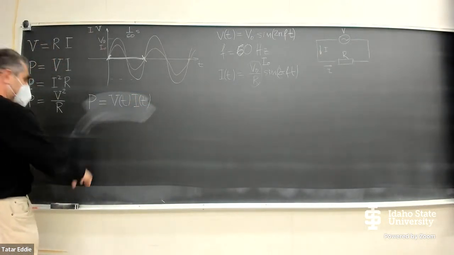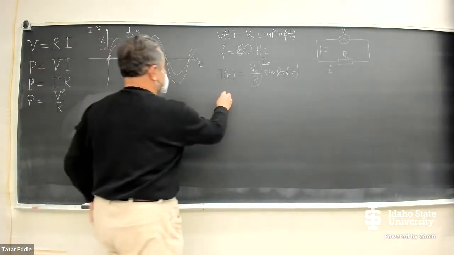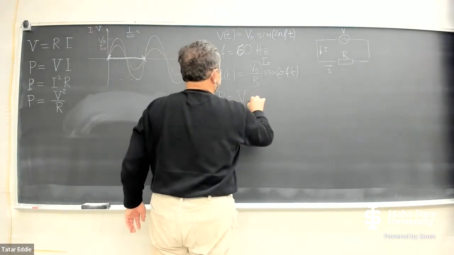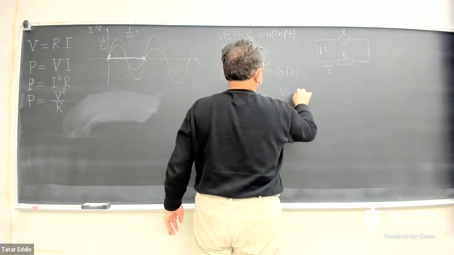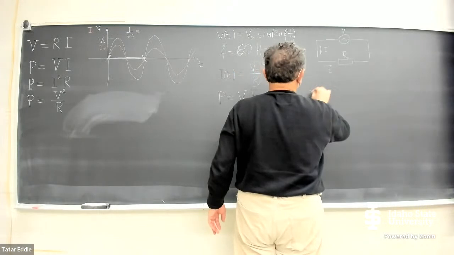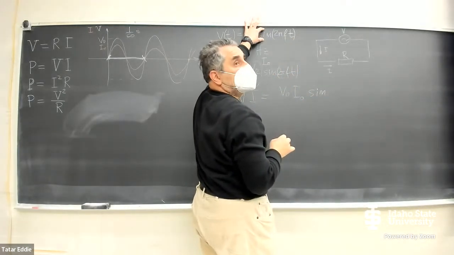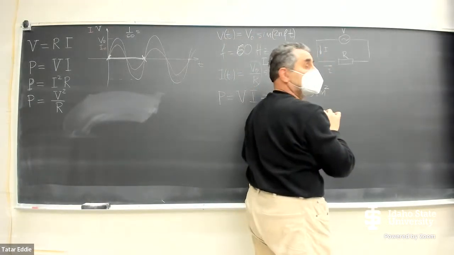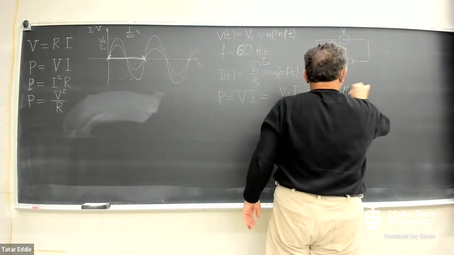Well, I probably should write it over there so to be able to use the same diagram. So power is voltage times current. So it is going to be V naught times I naught times sine, but one sine from the voltage, one sine from the current is going to give you sine squared of 2 pi ft.